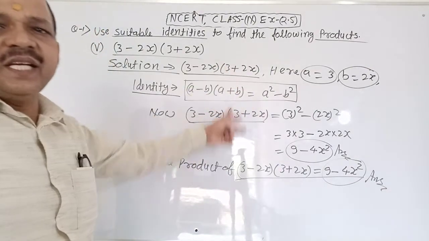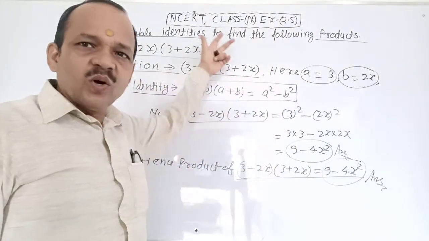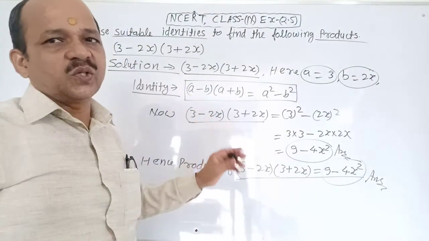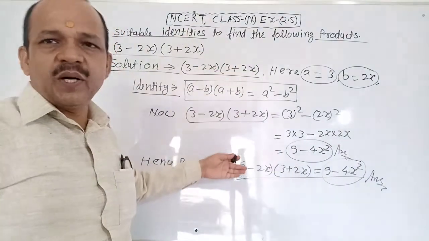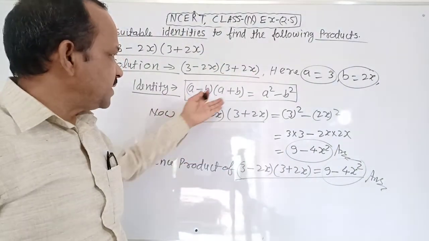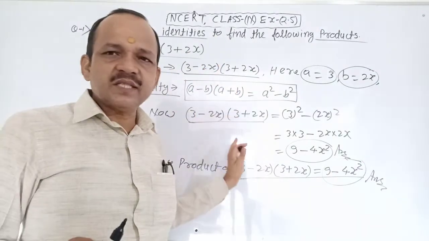You find your solution very easily. Solution is clear. No confusion about it. Very good. You can solve any question by the help of this solution. You can use this identity. Clear? No confusion about this solution?